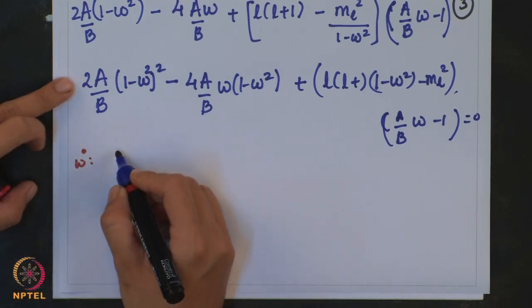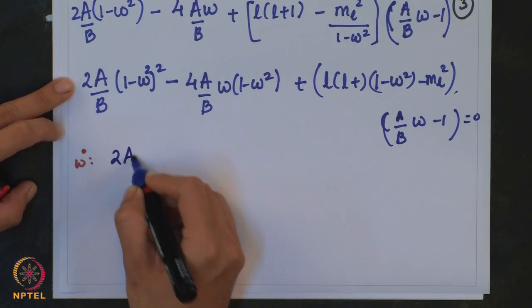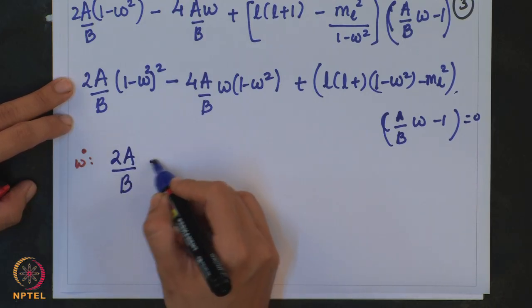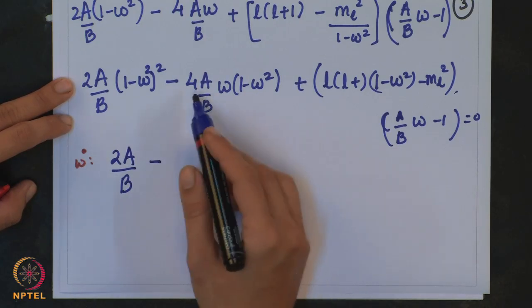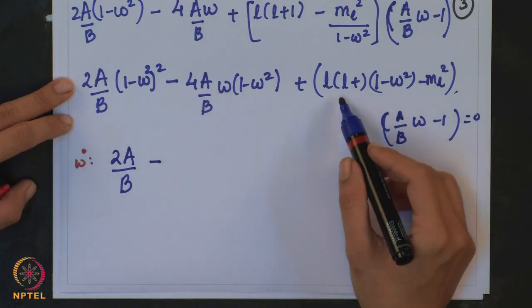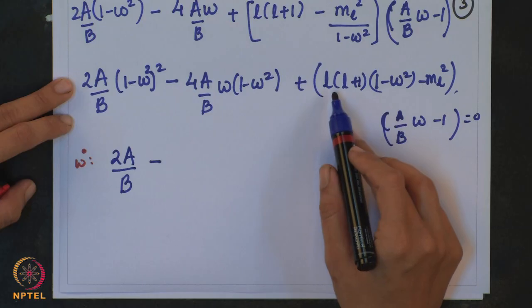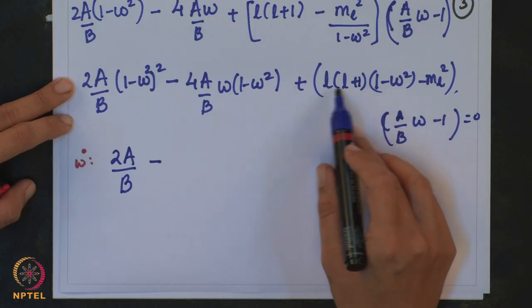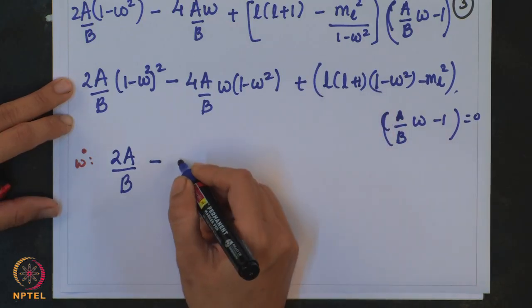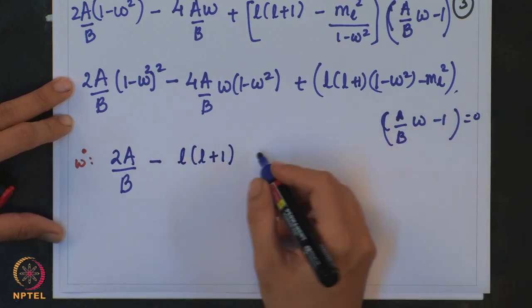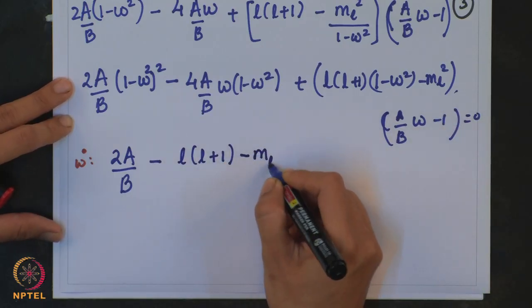From here I will have one term, that is 2 a by b, minus, here I do not have any coefficient of omega, here I have omega raised to 0, that is L into L plus 1, minus ml.